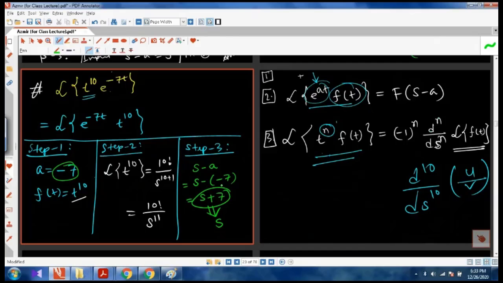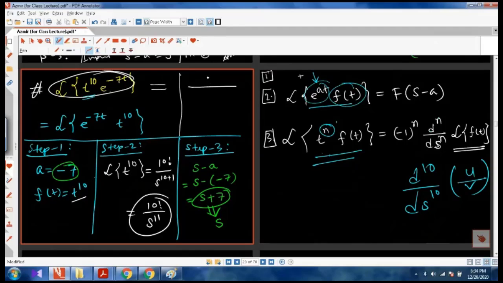So that means from here we can write the result of this Laplace transformation will be 10 factorial by s power 11.